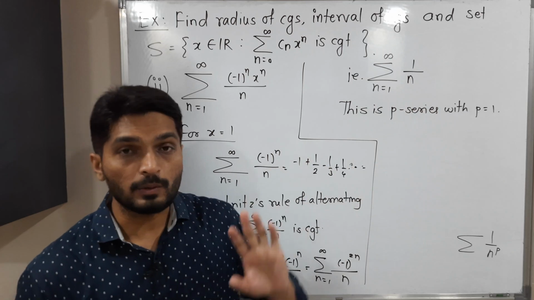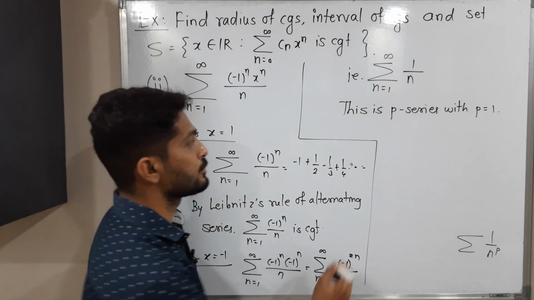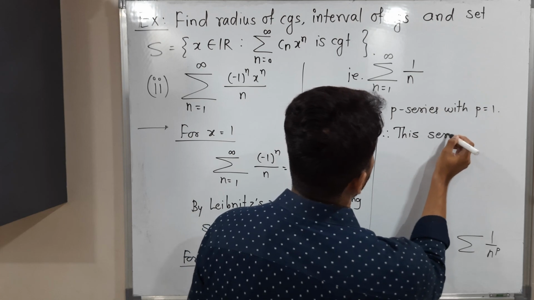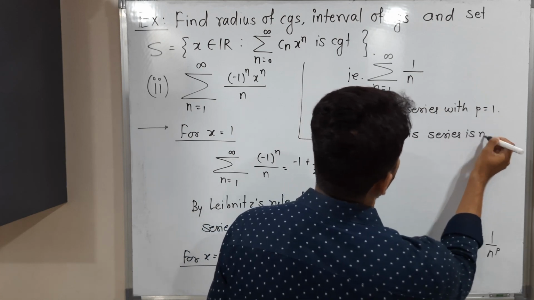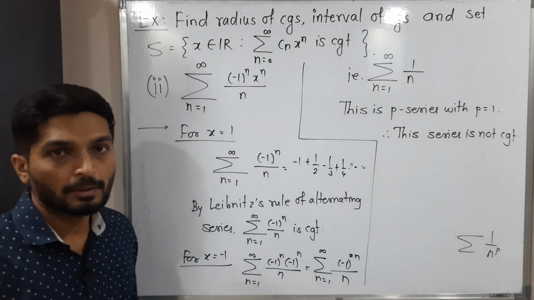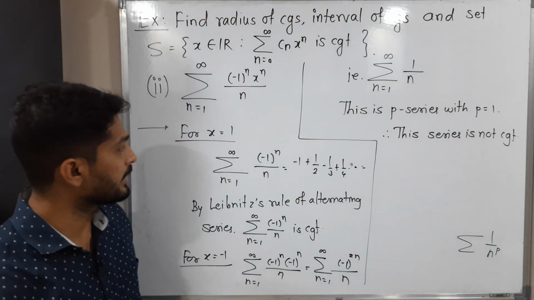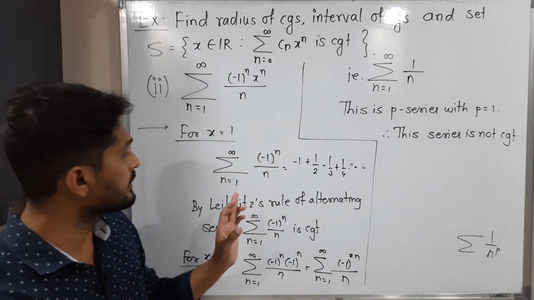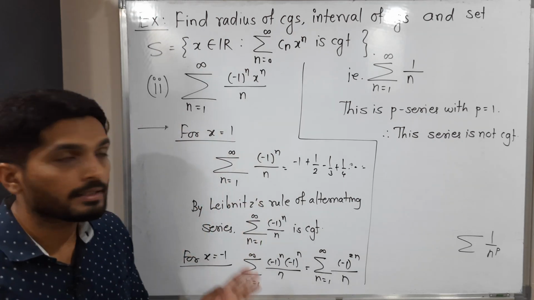Here we get P is equal to 1, so that's why it is not convergent. So therefore this series is not convergent. Getting the point? That means for x is equal to 1, we get the series is convergent, and for x is equal to minus 1, we are not getting the series as convergent.